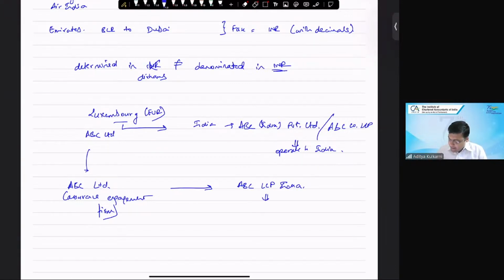ABC LLP India is now appointed as the auditor of, let us suppose, XYZ Limited, a large public company with multiple subsidiaries.